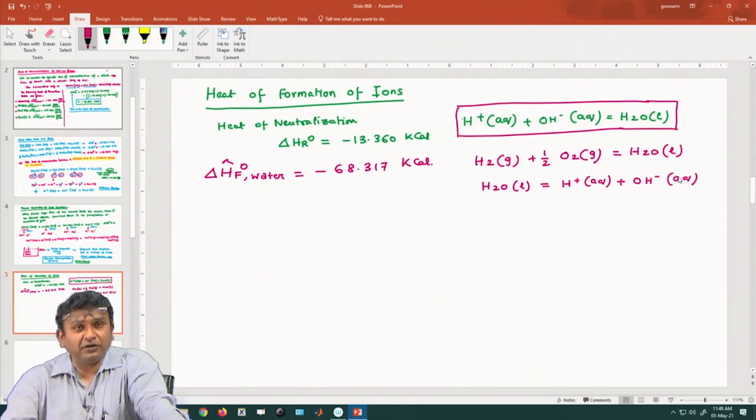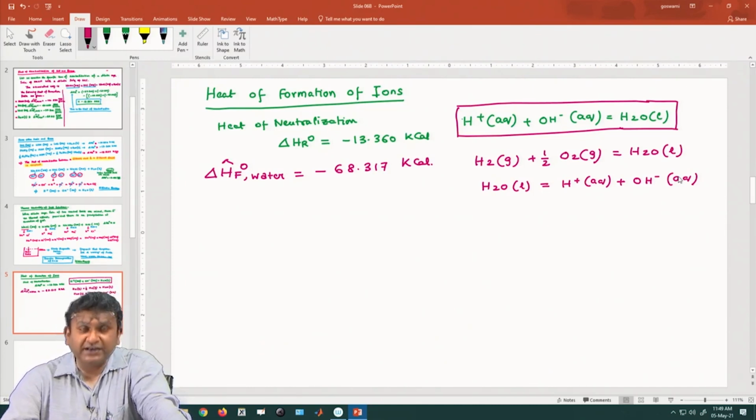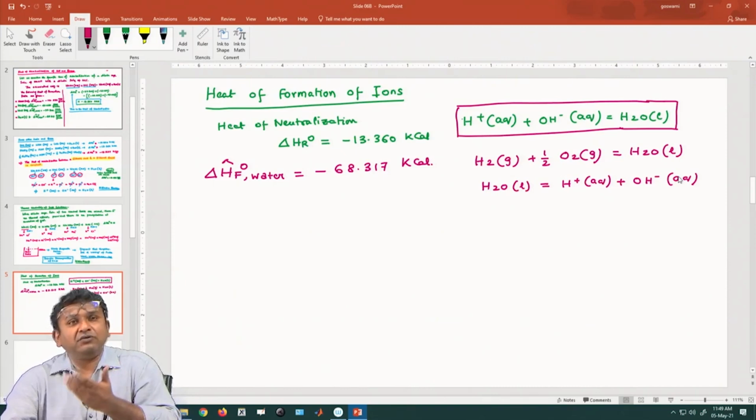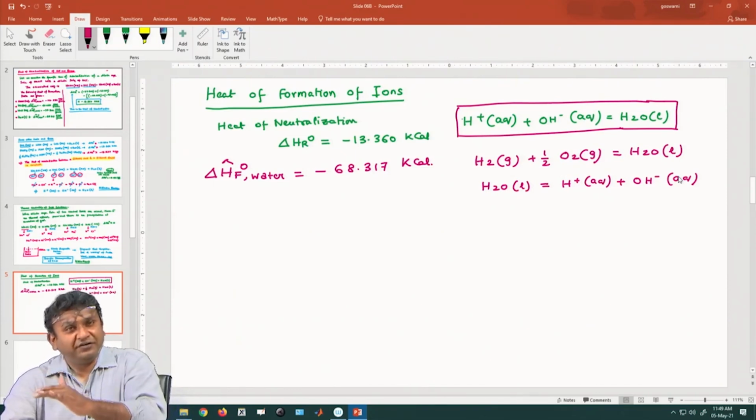First we took the formation reaction of carbon dioxide, C plus O2 equal to CO2. Then we looked into the oxidation reaction of carbon monoxide, CO plus half O2 equal to CO2. We found out the heat of reaction there, and then we wrote it in a form as if CO2 equal to CO plus half O2, right, and the heat of reaction just got reversed.